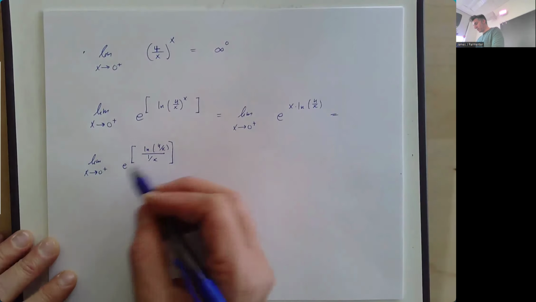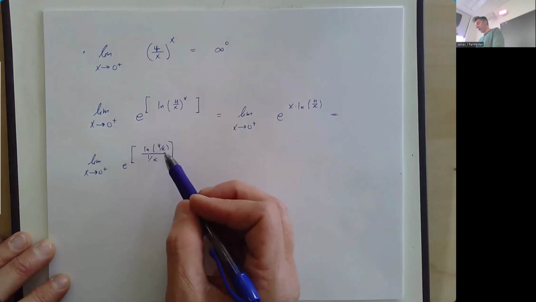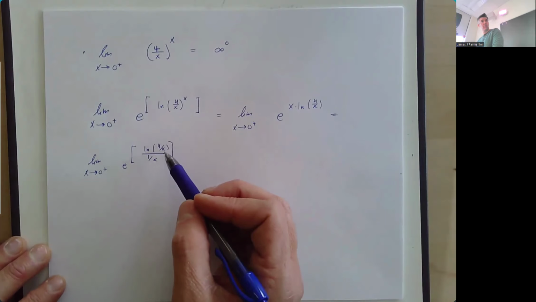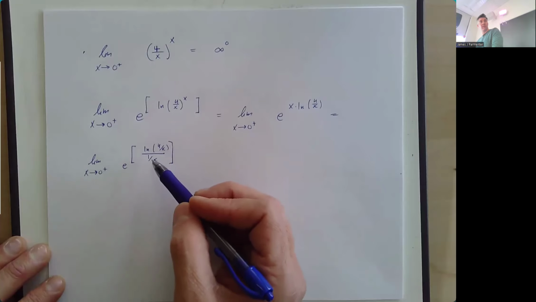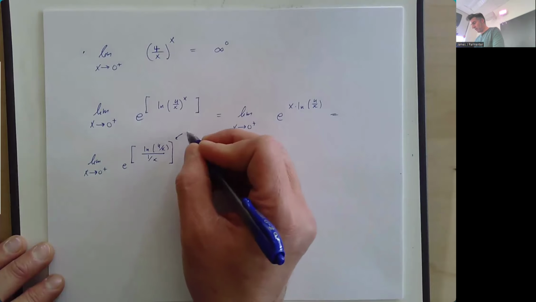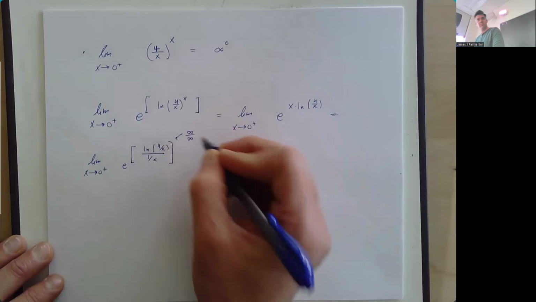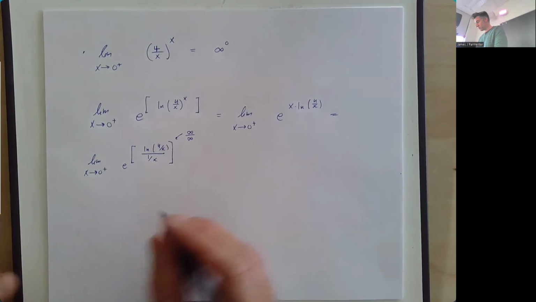If x is going to 0 from the right, 4 over x is getting infinitely large, and the natural log of infinity is infinity. 1 over x is also getting infinitely large. So we definitely have this exponent being an infinity over infinity type. So we are permitted to use L'Hopital's rule.